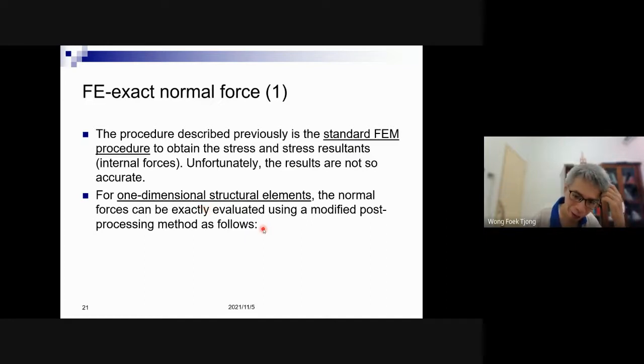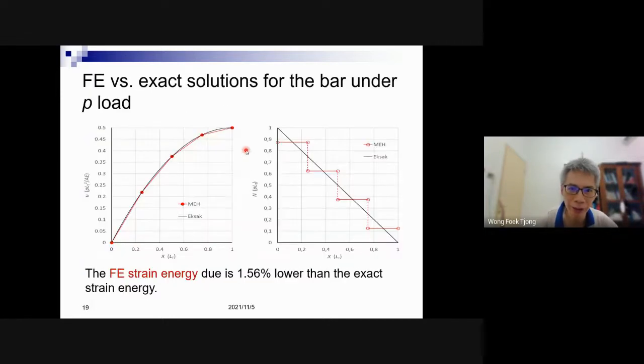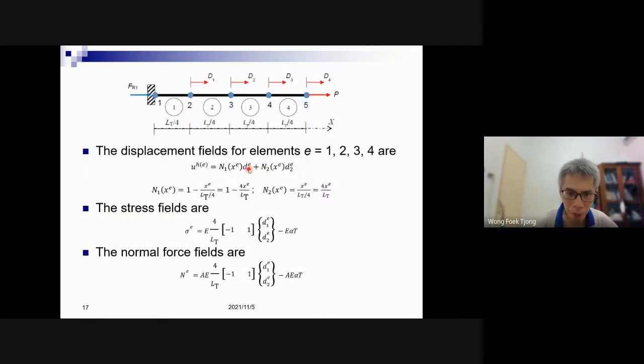Okay, the process is like this. Instead of computing directly the stress or the normal force from the displacement like this, before we compute using this one, right, E B D, we have the displacement.